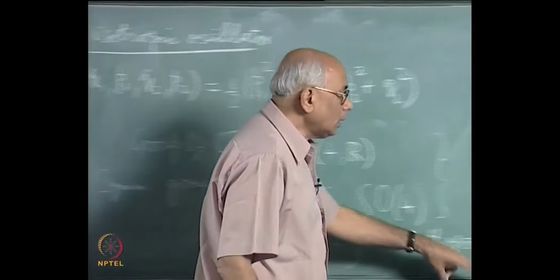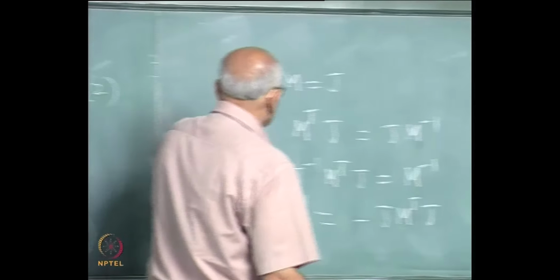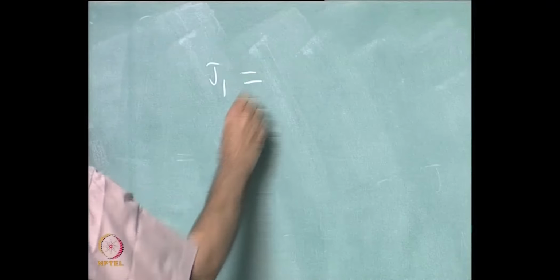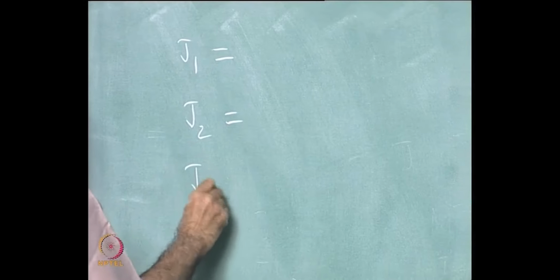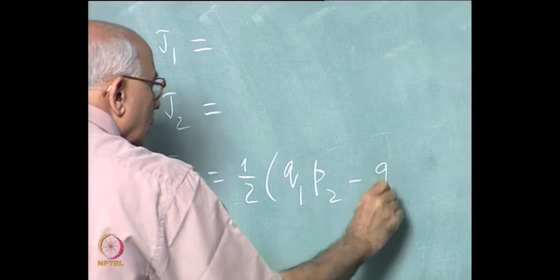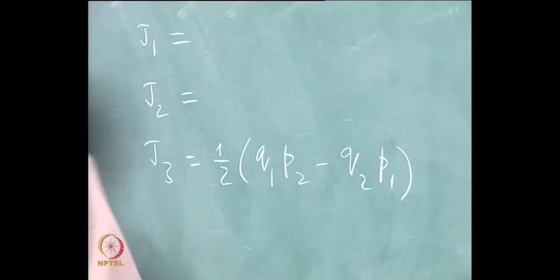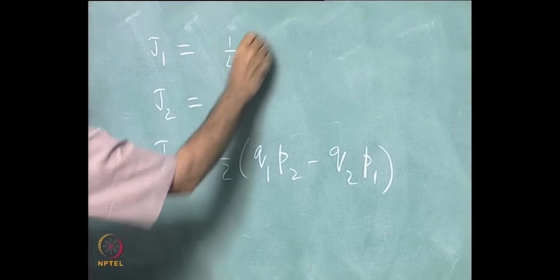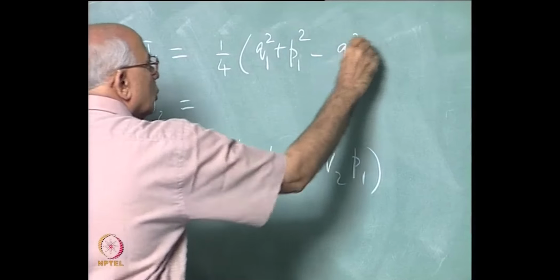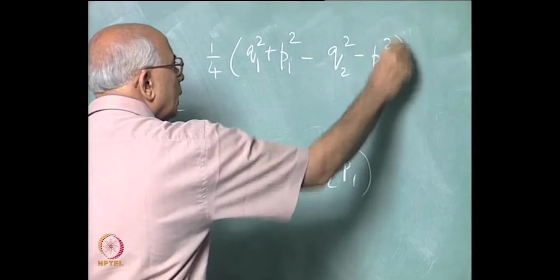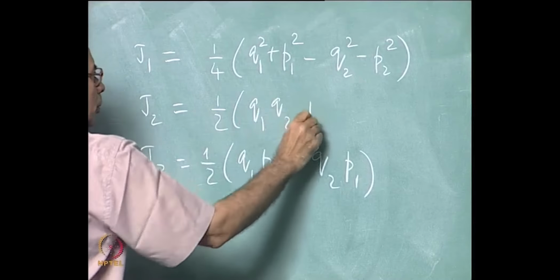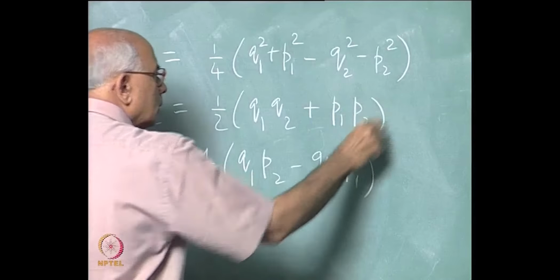And now it turns out that the following quantities, J1, J2 and J3, which we have already written as Q1 P2 minus Q2 P1. J1 is a quarter of Q1 squared plus P1 squared minus Q2 squared minus P2 squared, and J2 is a half Q1 Q2 plus P1 P2.